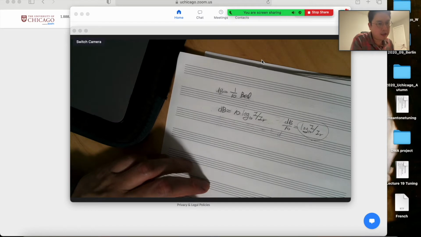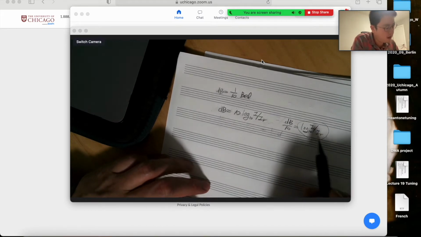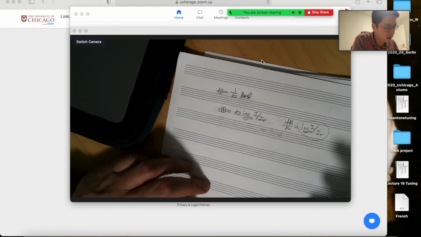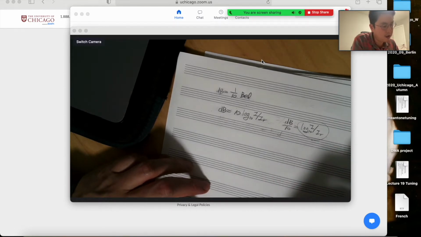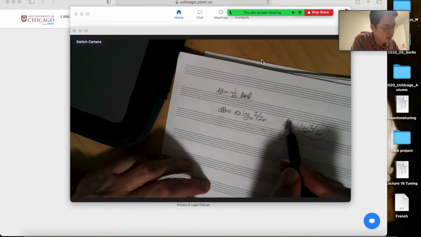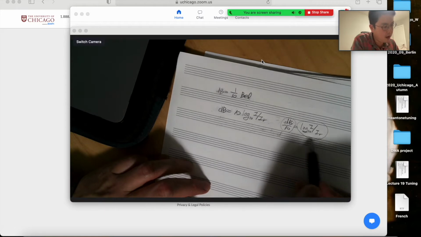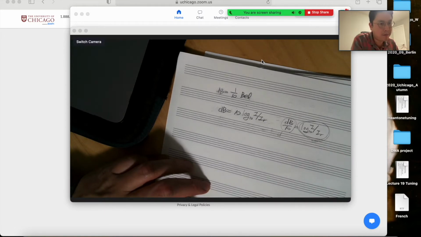So to get the same amount of bell, I mean the intensity relationship when you compare with the sound intensity of the reference, you need to increase 10 decibels to get the same amount as 1 bell, because you put the 10 here, you get the 1, and this is the definition of 1 bell.